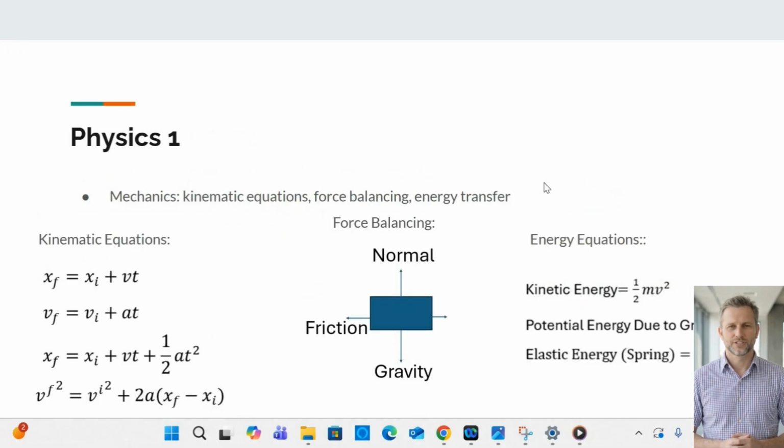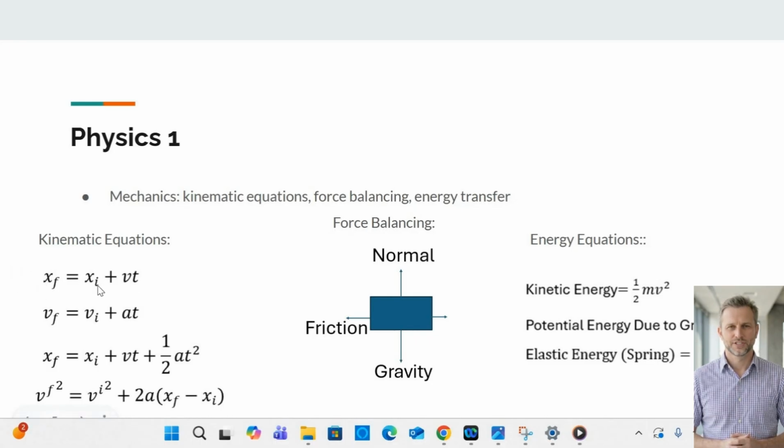Then you also do physics 1. Physics 1 is the mechanics, whereas physics 2 is electricity. I'm going to focus more on mechanics here because this is the mechanical engineering degree. You've got your kinematic equations, which is all these guys. If you've taken a physics class before, you've probably gone over motion.